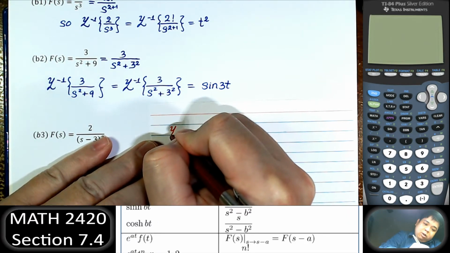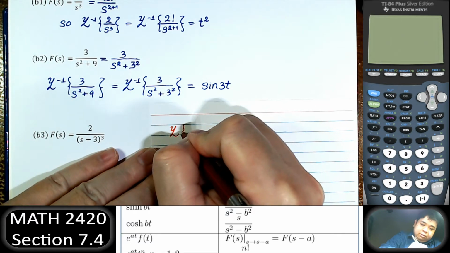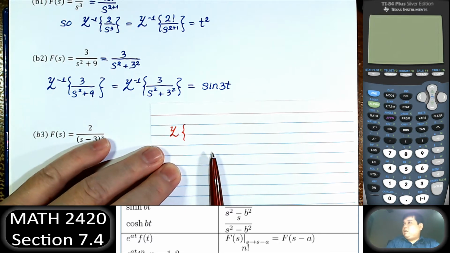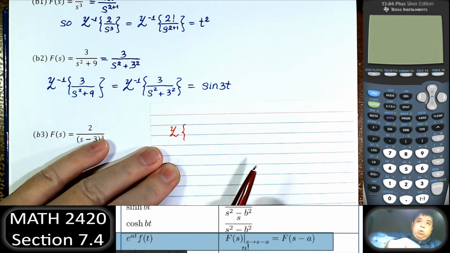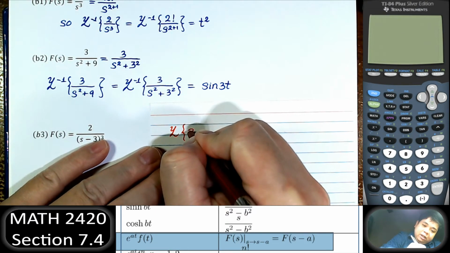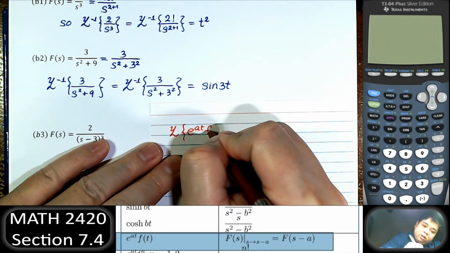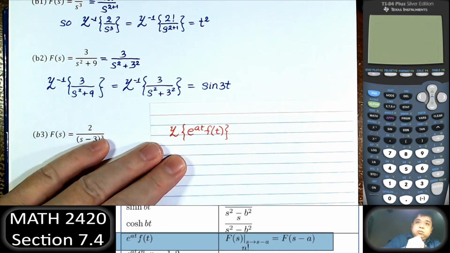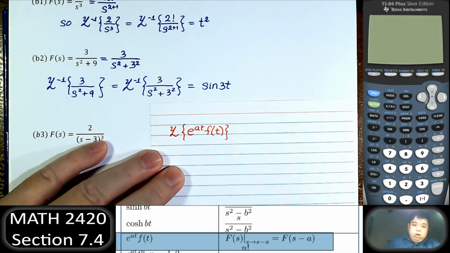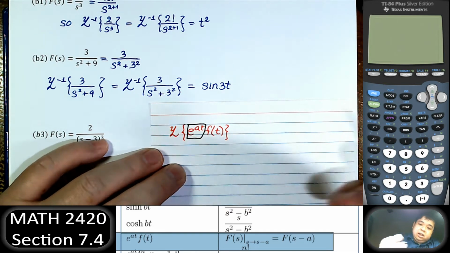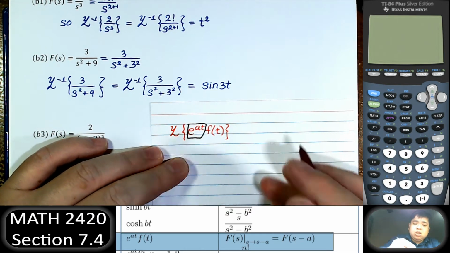So if we have the Laplace transform of a function, this is exactly what we have here: the Laplace transform of e to the at times the function, right? So the transform of that, first, e to the at, just ignore that.